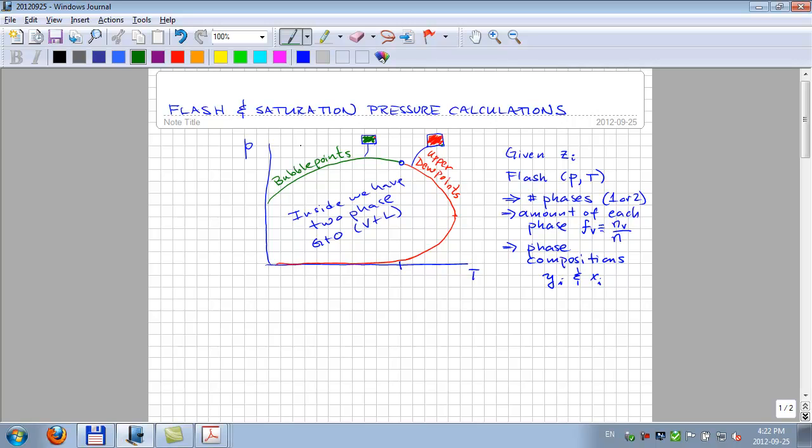So outside here we have a single phase, and we can say that it behaves like a liquid if it's got a viscosity greater than 0.1 centipoise. If we want to call that our religious definition of a liquid, then if it's less than 0.1 centipoise, we'll call it a gas.